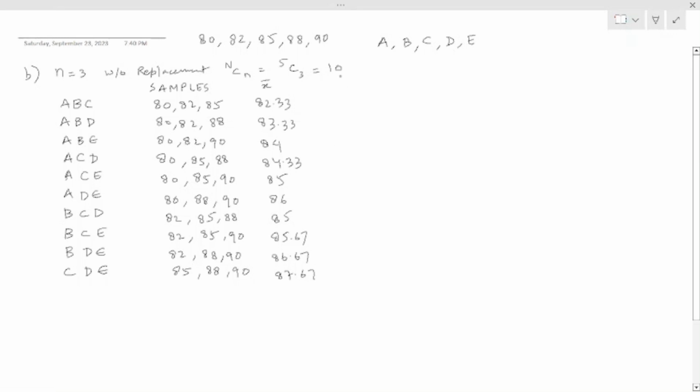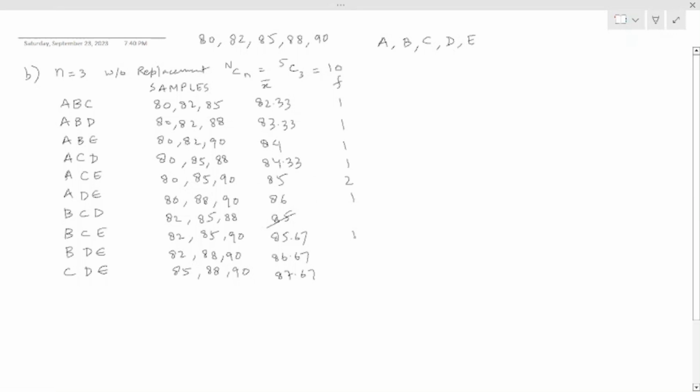Now if we again start tallying the occurrences of the sample mean values in the form of frequency, then we get 1, 1, 1, 1 frequency for the first 4 sample mean values. Then 85 is occurring twice, therefore we cancel this second occurrence and we tally this frequency as 2 across 85.